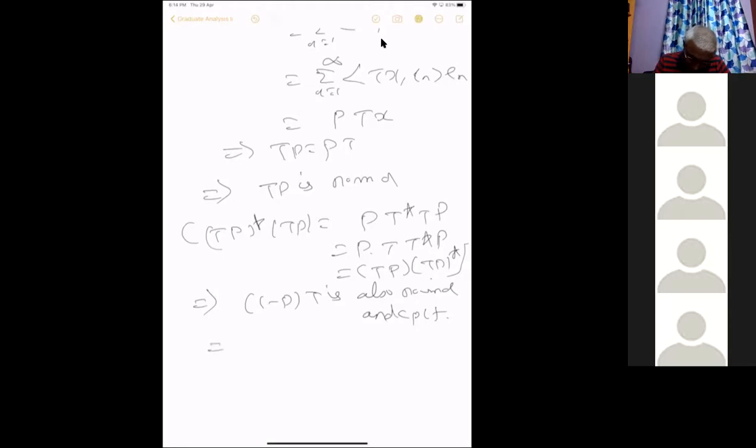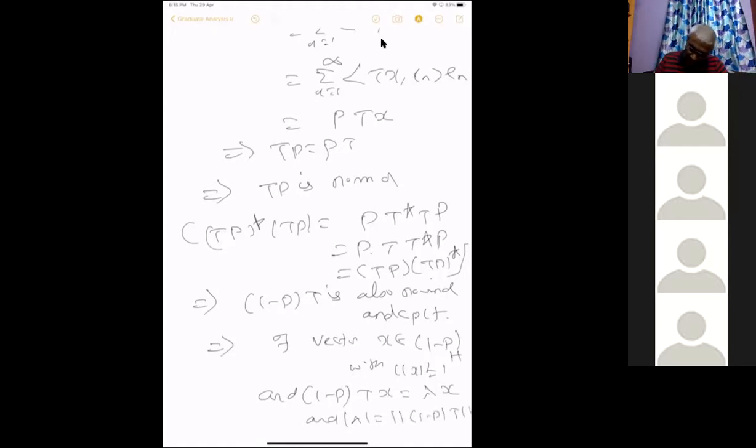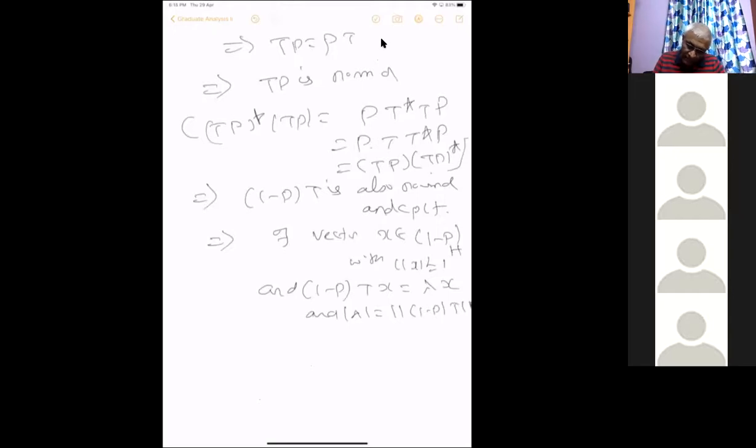So this implies there exists a vector x in 1 minus P H, the orthogonal complement, with norm of x equal to 1 and (1 minus P)T x equal to lambda times x, where mod lambda equals the norm of (1 minus P)T. But 1 minus P commutes with T, so you can take it out, and this implies T x equals lambda x.